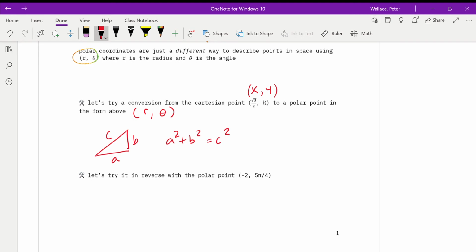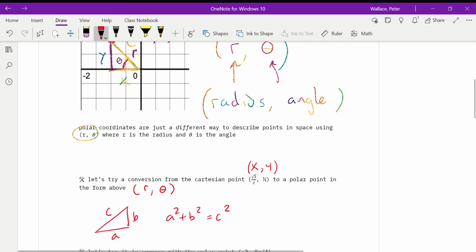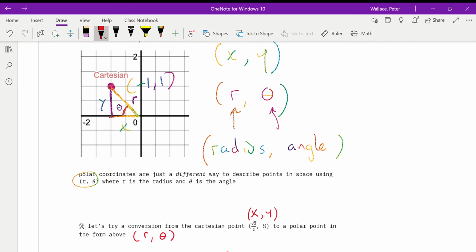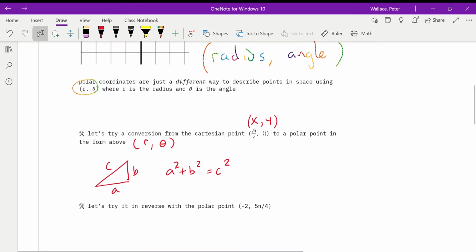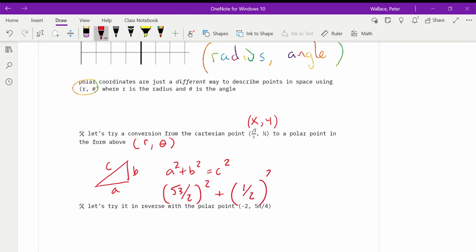And I just told you that this r is the hypotenuse of a triangle, and we've already got these two sides. We've got our x and y side, which are √3/2 and 1/2 respectively. So all we have to do is plug these into our Pythagorean theorem, and we can figure out at least one part of our polar, and then we can move on to the next. So one step at a time.